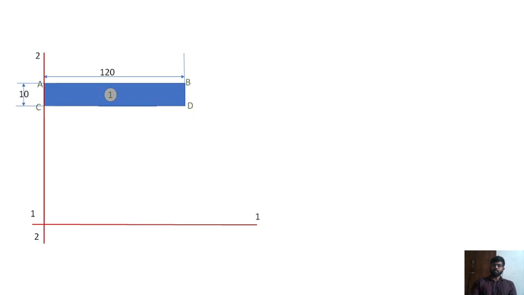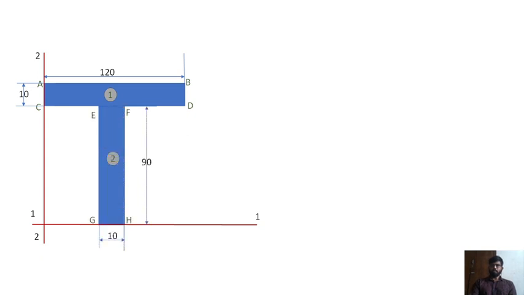The T section we split into two rectangle pieces. The first one is ABCD, that I marked as 1, dimension of 120 into 10. The second rectangle is EFGH, that I marked as 2, the dimension is 90 into 10 mm.